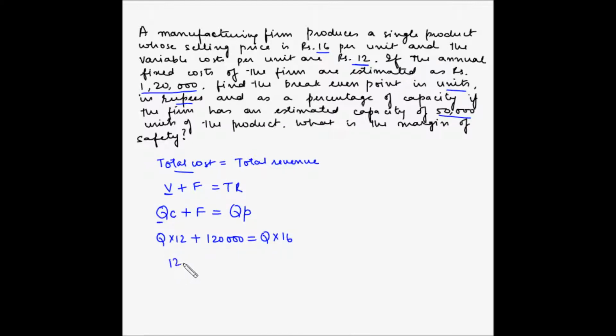So 12Q plus 120,000 is equal to 16Q. Let's bring all the Q's on one side.